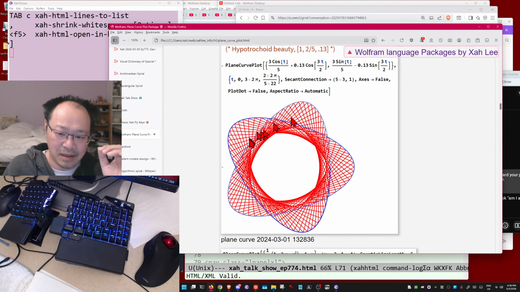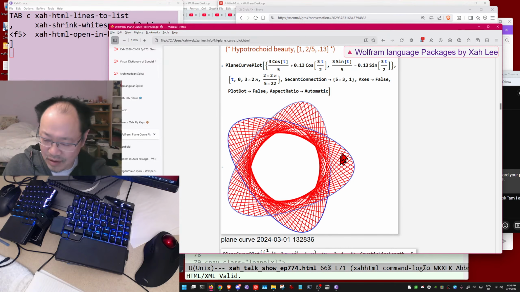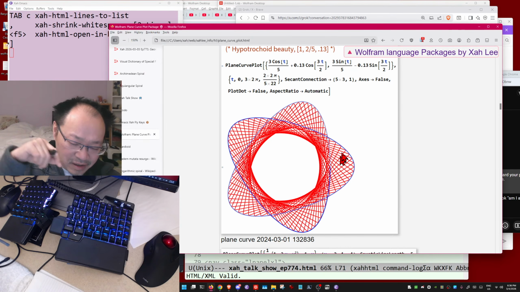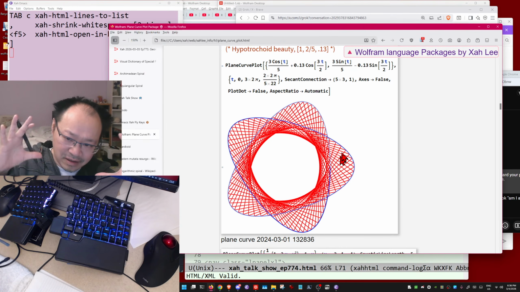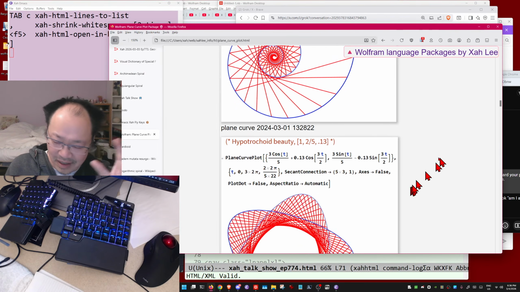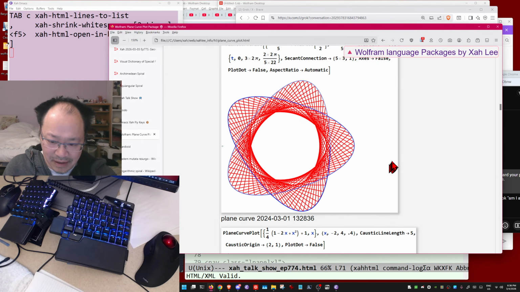And this star-shaped thing is a hypotrochoid, which means you roll a circle inside another circle. We talked about it yesterday and many times in the past week, in several videos.